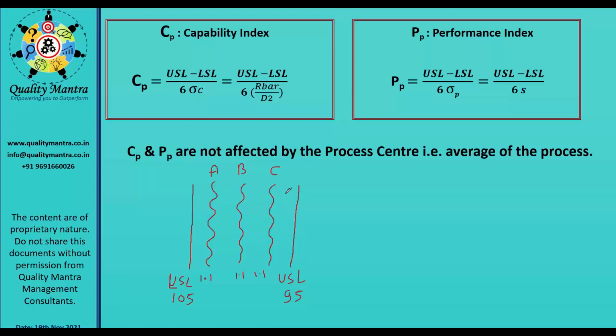Can you please calculate the CP for this case? You have the LSL, which is 95, and the USL, which is 105, and you have sigma.